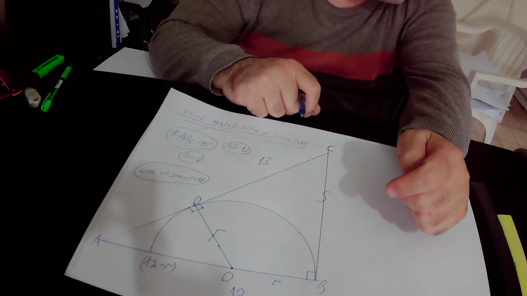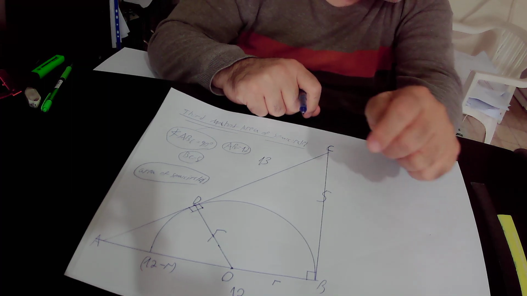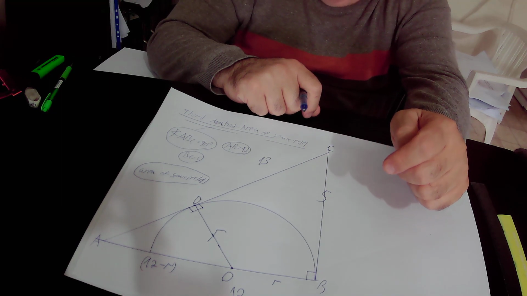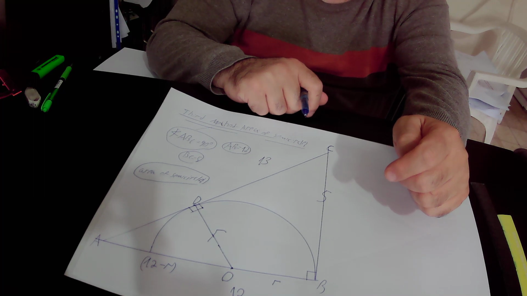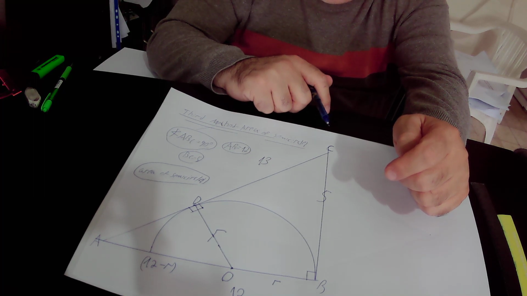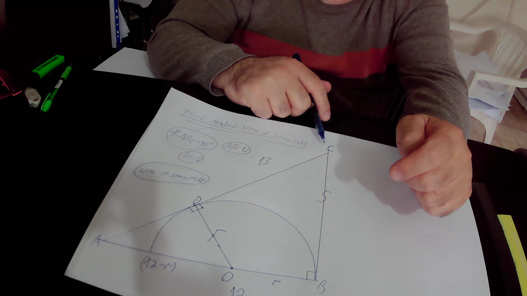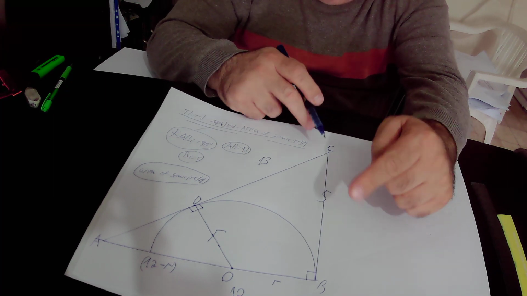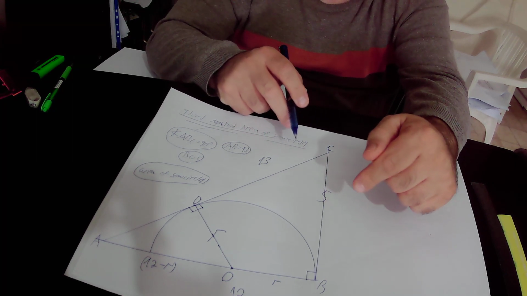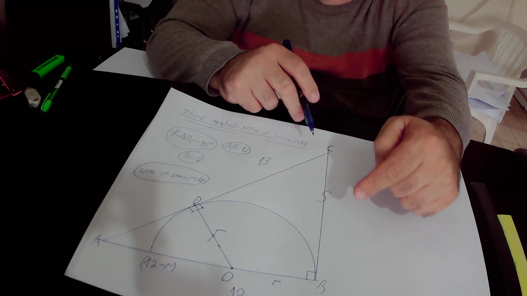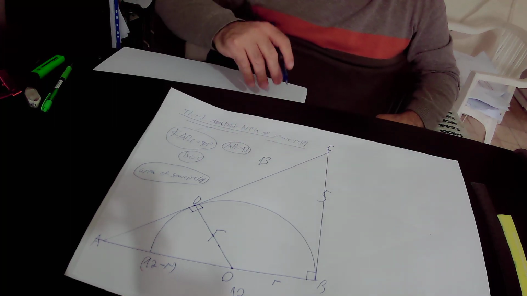According to rule number 2, or the two tangents theorem, whenever you draw two tangents to a circle from a common external point, like in this drawing, from the common external point C, we have tangent CB and tangent CD, then the lengths of those two tangents will be equal to each other. That is to say, CB will be equal to CD.